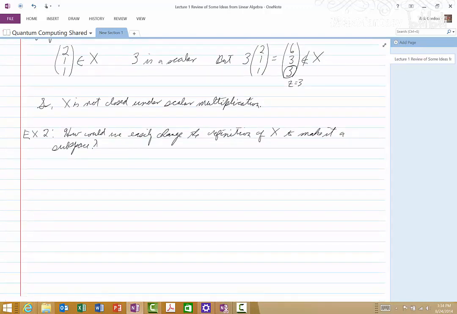Okay. So the answer that I hope you thought of is the following. We're still going to have V equal to R3, but the small change that we will make in X is this.